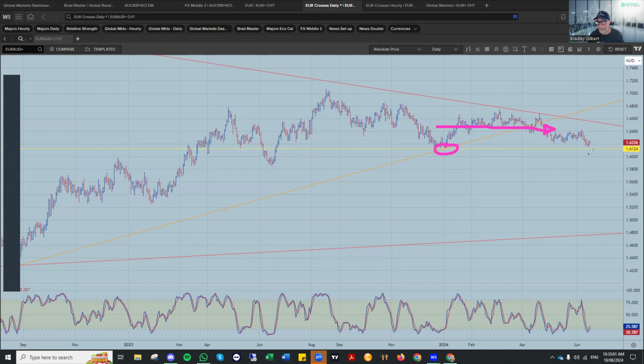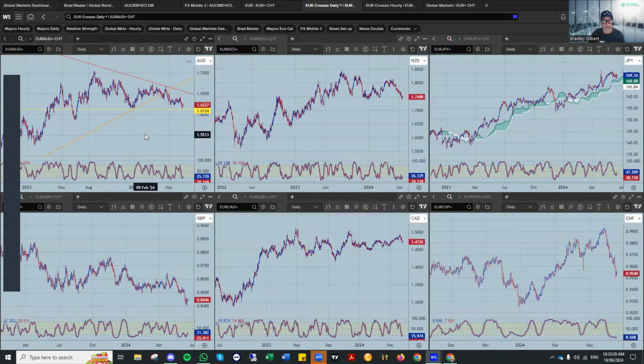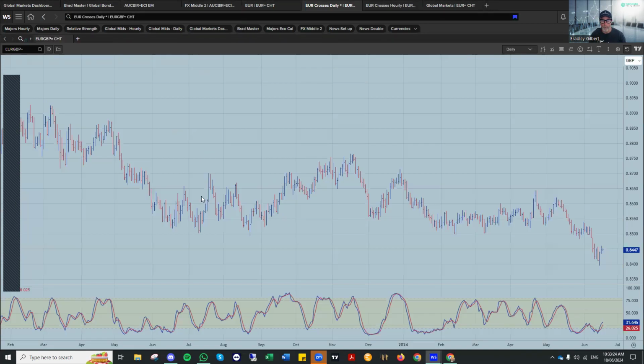And like you can see here, it may not happen all the time, but Euro Aussie is behaving near that level. Now, the technical perspective of the crosses is not as great as the majors because there's less people looking at them, but that's the way I would be doing it. You go through this process all the time.